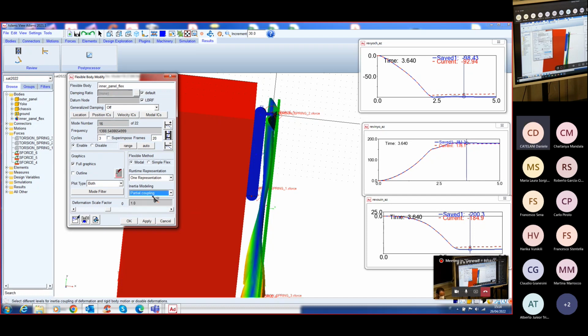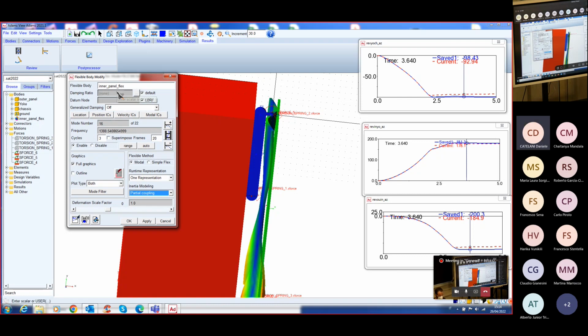The default is partial. Regarding damping, if you use the default, it means small level of damping for modes till 100 Hz, medium level of damping till 1000 Hz, overdamped over 1000 Hz.